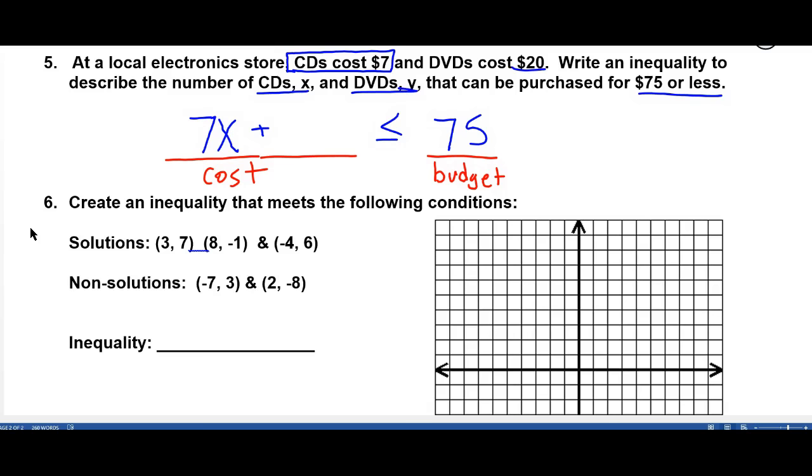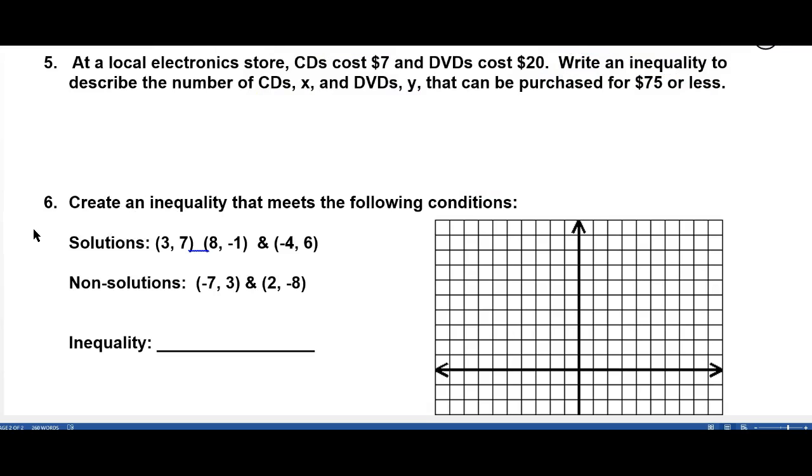We're going to call those Y. So 20Y. There's my total cost, 7X and 20Y. That has to remain under my budget, which is less than or equal to $75. I can't solve because I have two variables, so we're only writing the inequality. Make sure you read the question carefully. If it only says to write the inequality, then you only need to write it. If it says to solve it, then you need to solve it.